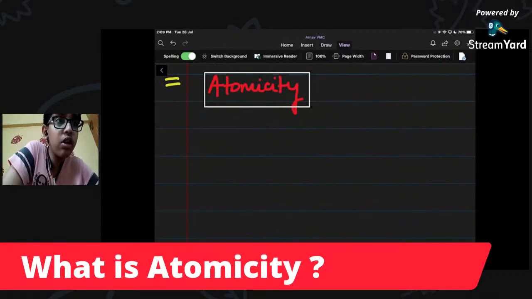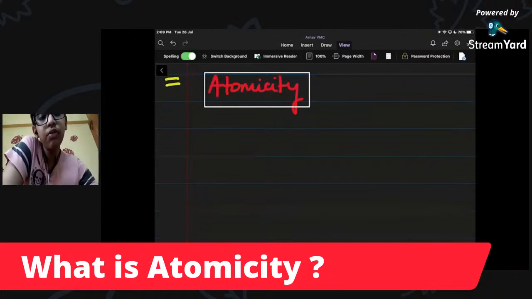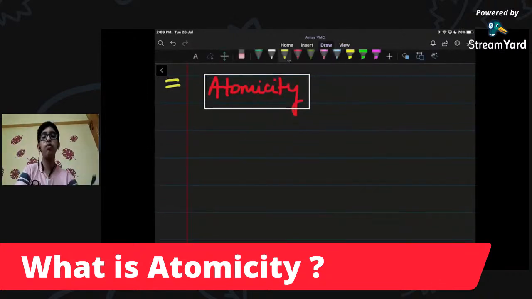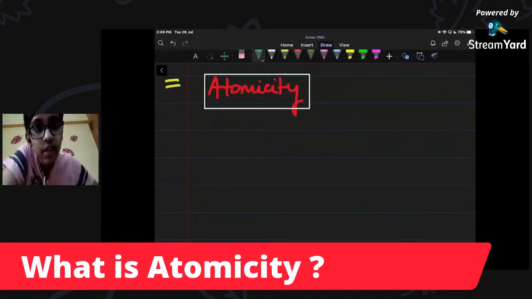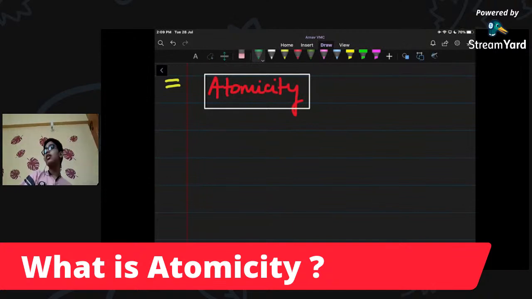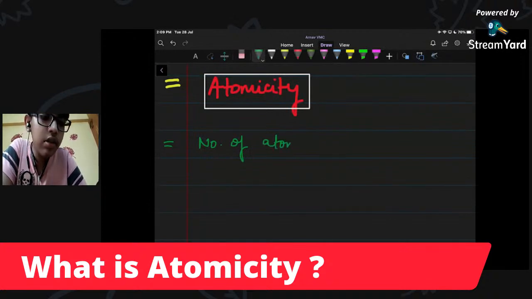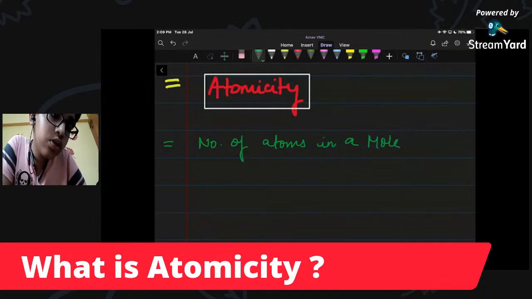Next, we will talk about what is atomicity. Many of you must be very confused with this word. What is atomicity? I don't remember it. Atomicity is just the number of atoms in a molecule.